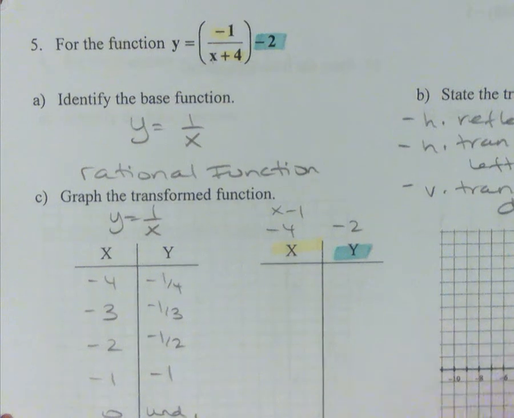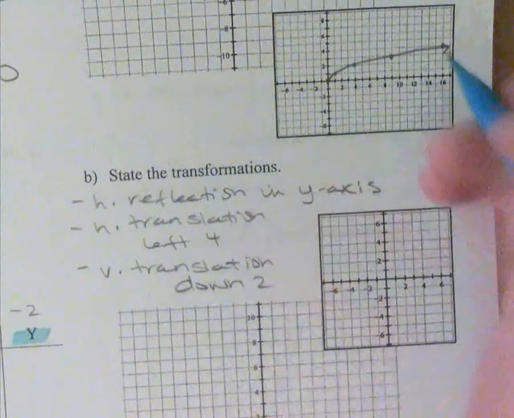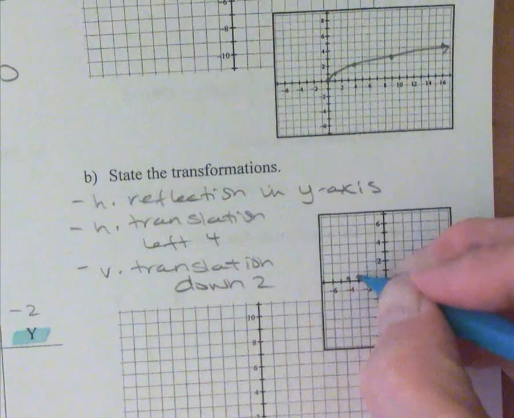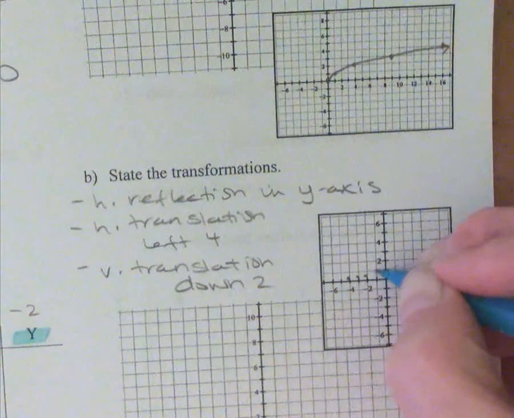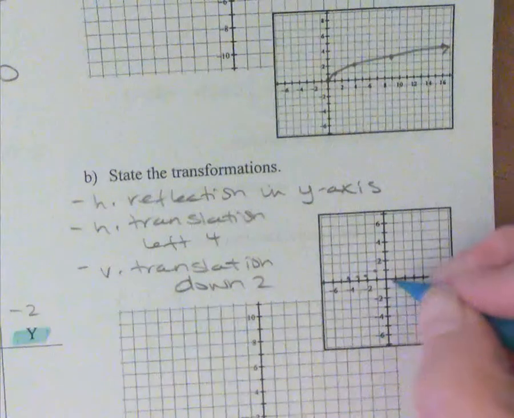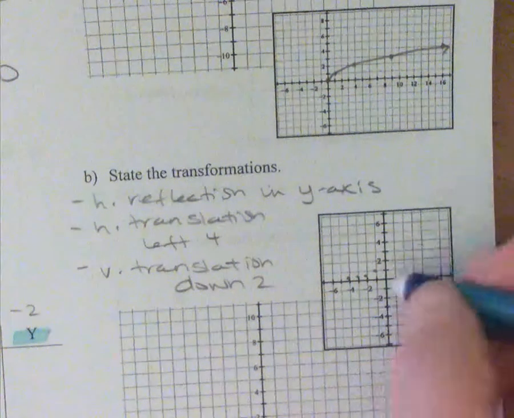So let's look at what that base function is going to look like first. So at minus 4, I'm at negative a quarter, negative a third, negative a half, and then negative 1. Then it's undefined. At 1, I'm at 1. Sorry, this is in the wrong spot.